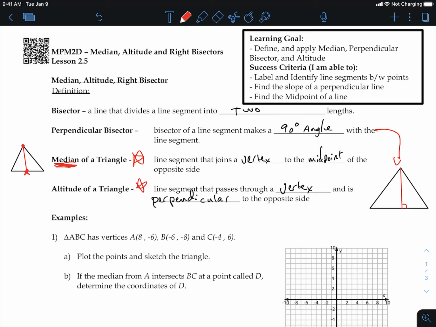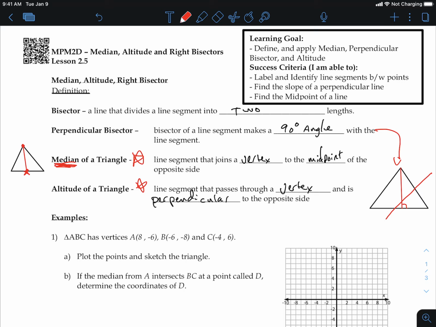I'm just thinking they're kind of the same thing in the context of a vertex to the midpoint, perpendicular, but I'm trying to think of another instance. A perpendicular bisector could be something like this too, right? I don't know if it necessarily has to go through a vertex. How's that a perpendicular bisector if it's not 90 degrees?